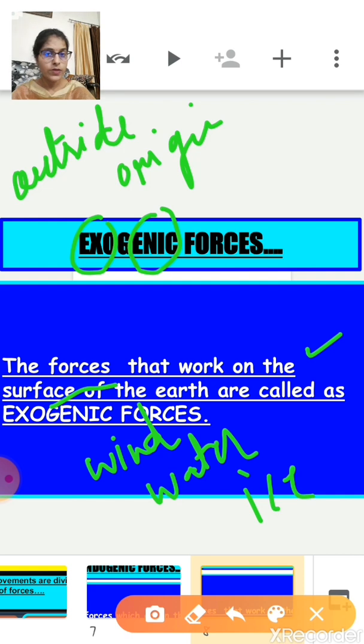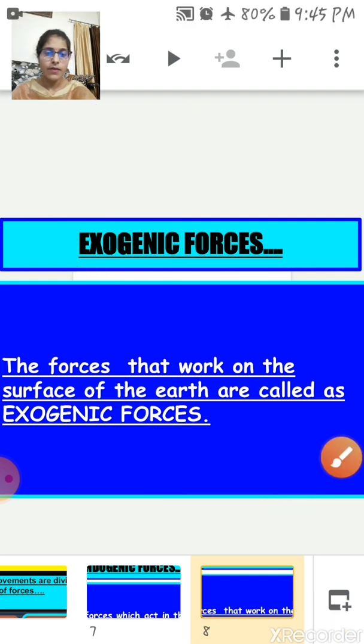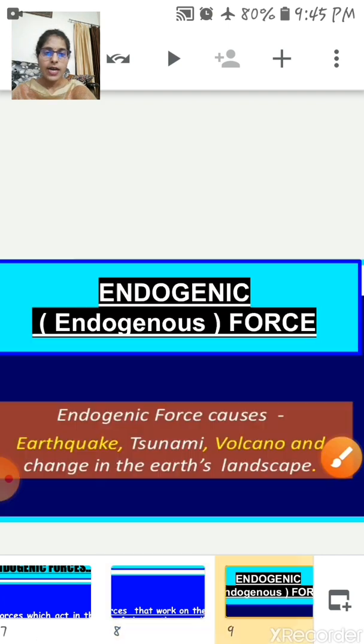So endogenic forces act inside the earth and exogenic forces work on the earth's surface, and their effects can be seen in erosional and depositional forms. Is it clear? Okay. Now let's start.